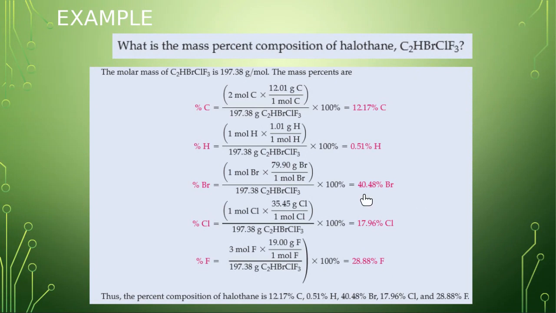For example, check here, the bromine percentage 40, but the fluorine percentage 28, although the fluorine moles are more than the bromine atom. Do you get it? I think you get it, because of this atomic mass.